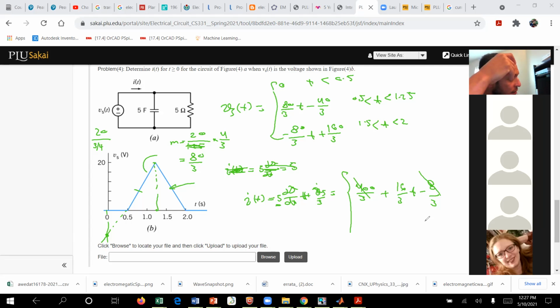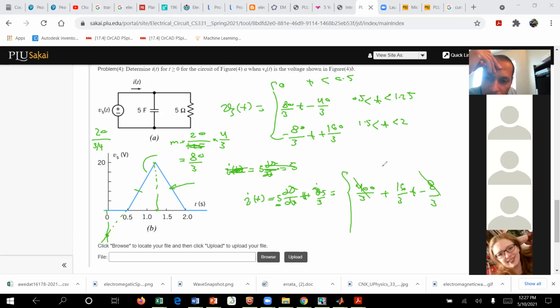Let me see what I did here. I don't know what to type here. It's 40, not 400. But I think it's 400, since it is 5, yes. Not 400.